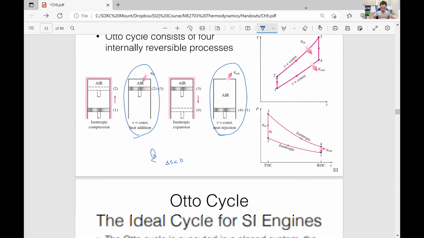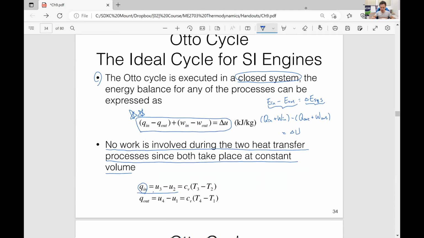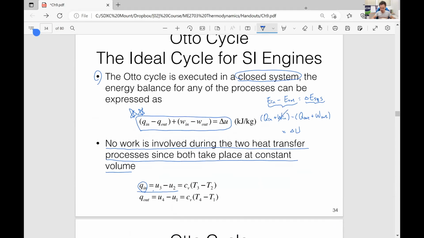So for the heat addition process, we can rewrite our energy balance equation, because if there's no work involved, then Q in minus Q out is the internal energy change.